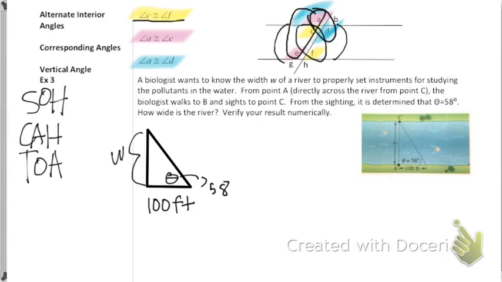Since this is opposite, and we already know what adjacent is, adjacent is the side next to theta, which is this side. So we do tangent of 58 equals W over 100.